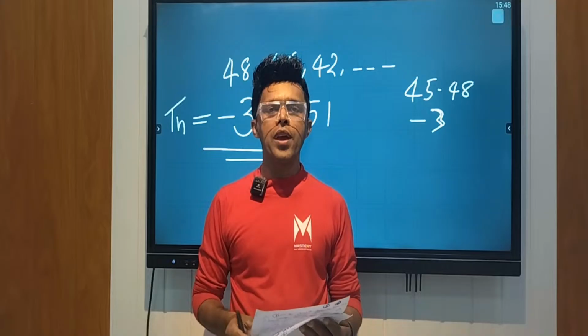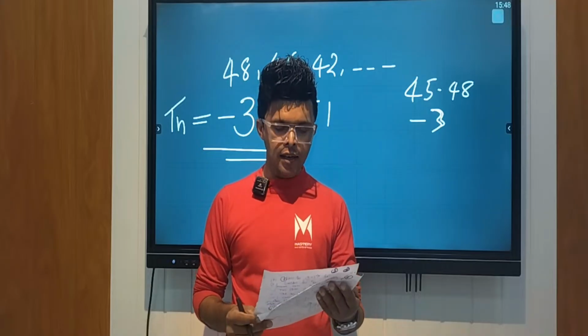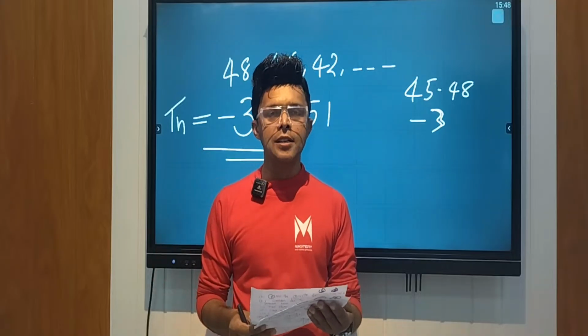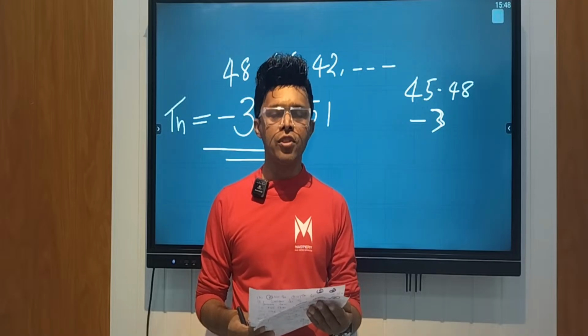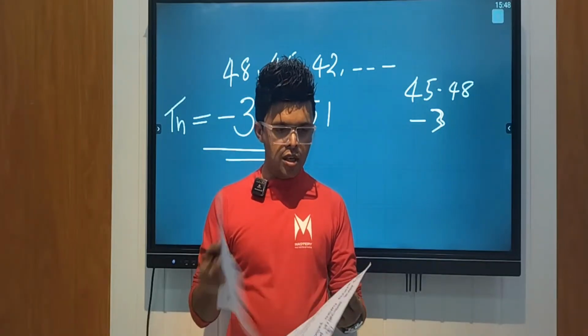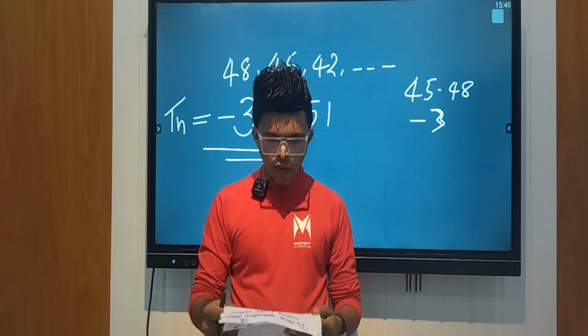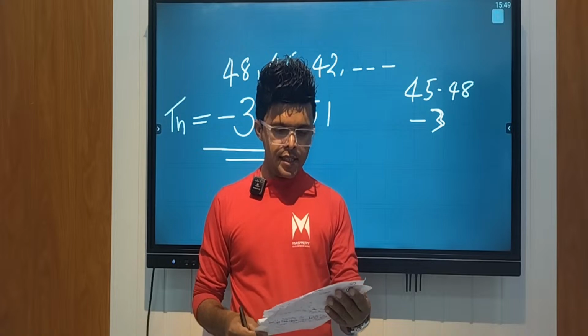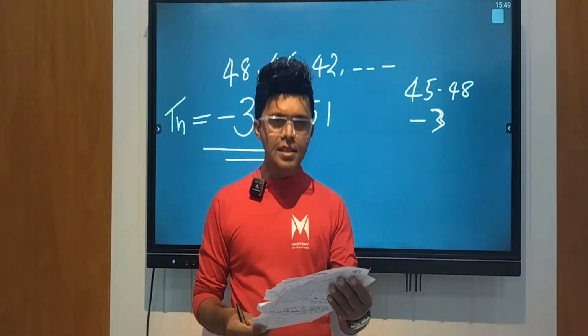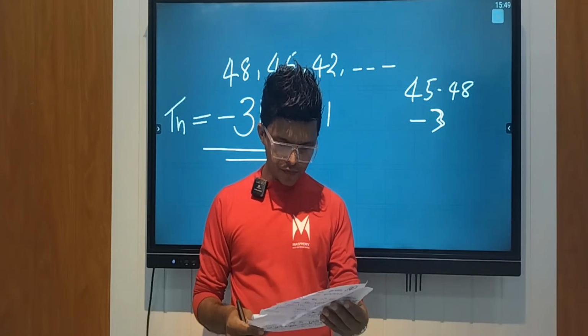But learn this way of getting the general term of a given number pattern. It will be helpful for you in your test, for getting answers instantly and clearly. So bear that idea in mind as well.